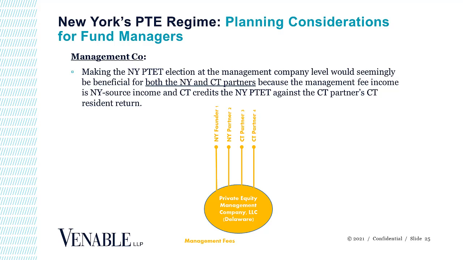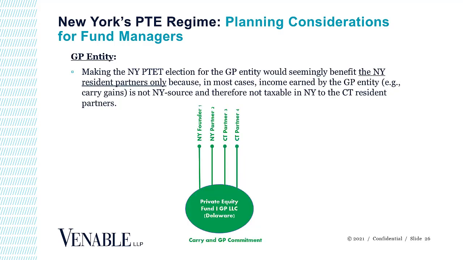They're going to get a credit on their Connecticut resident return for the entity tax paid by this management company. So that would seem like a reasonable thing to do, or it would make sense to explore making the election there. The GP entity on these simplified facts has the carry.